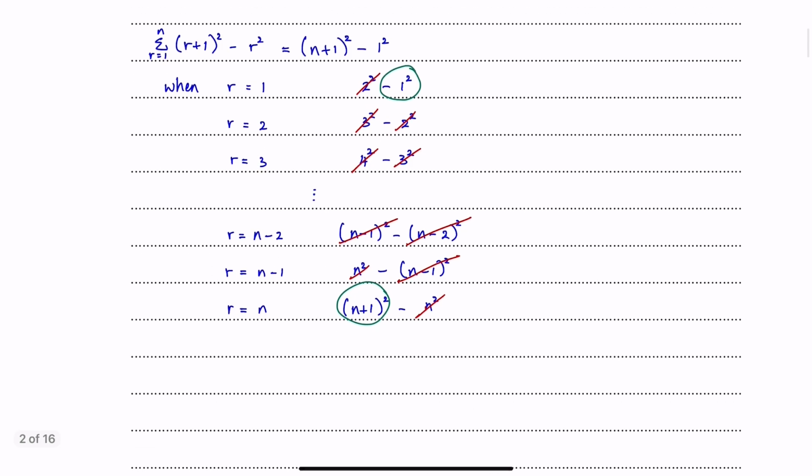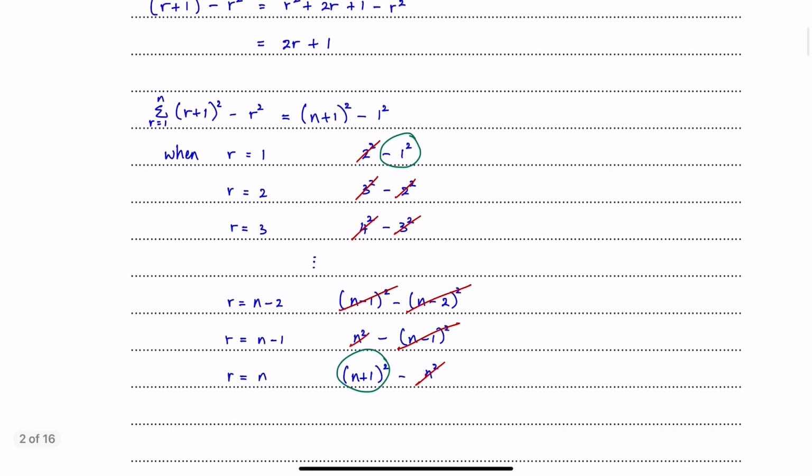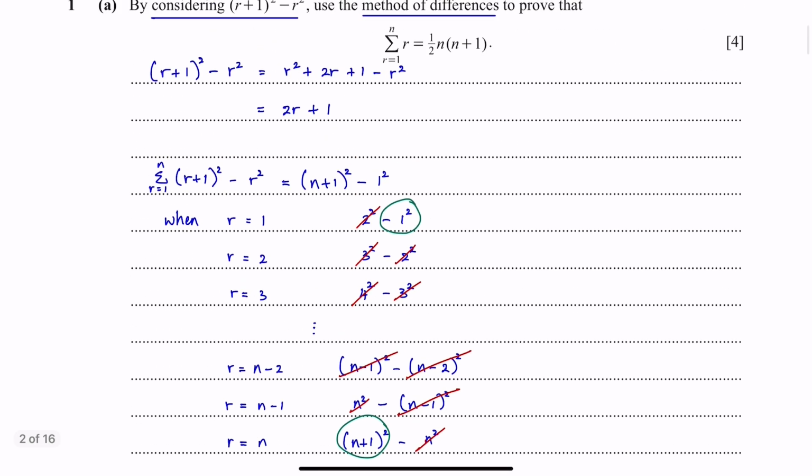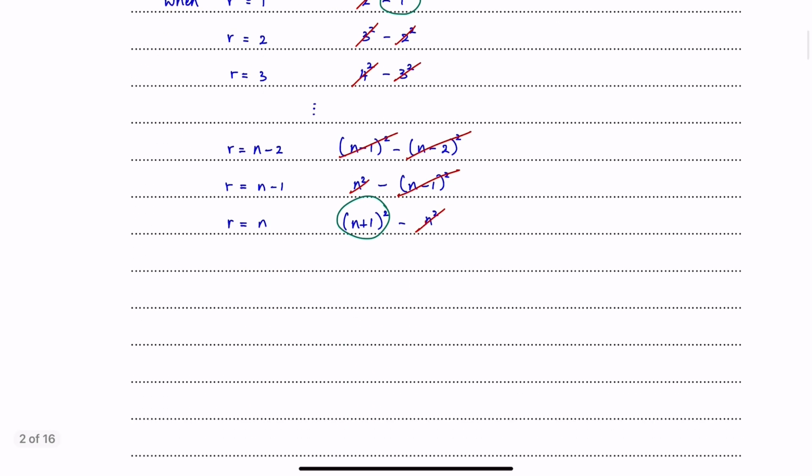So now we know that r plus 1 squared minus r squared is basically 2r plus 1. So we can also write it as the summation of 2r plus 1 equals n plus 1 squared minus 1.